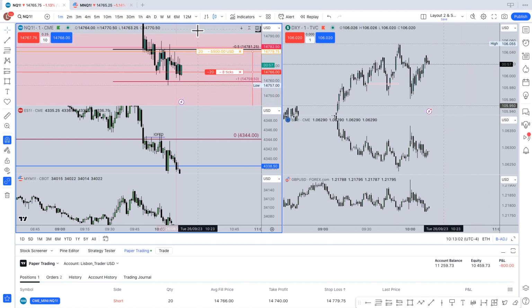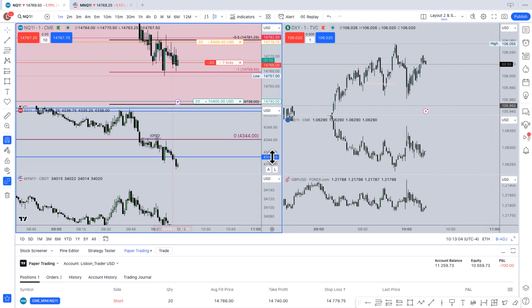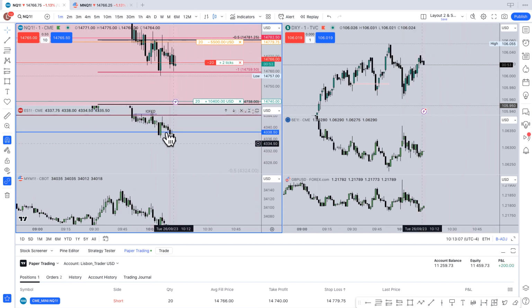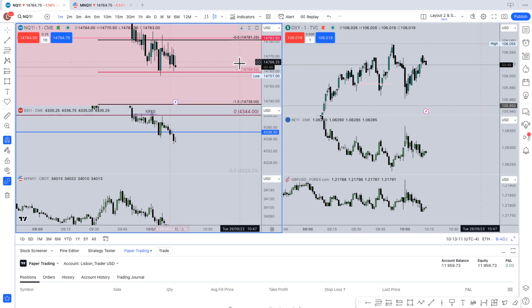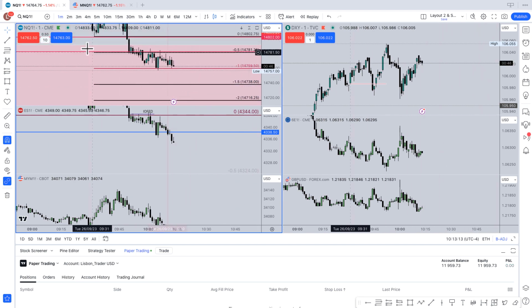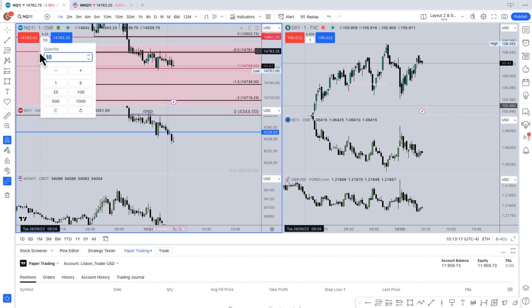Might want to do an SMT with, well, this is lowering. So 11k. Let's reduce some risk.